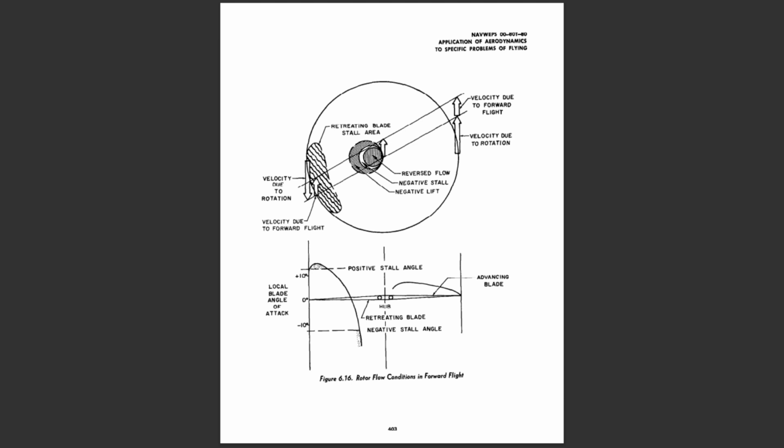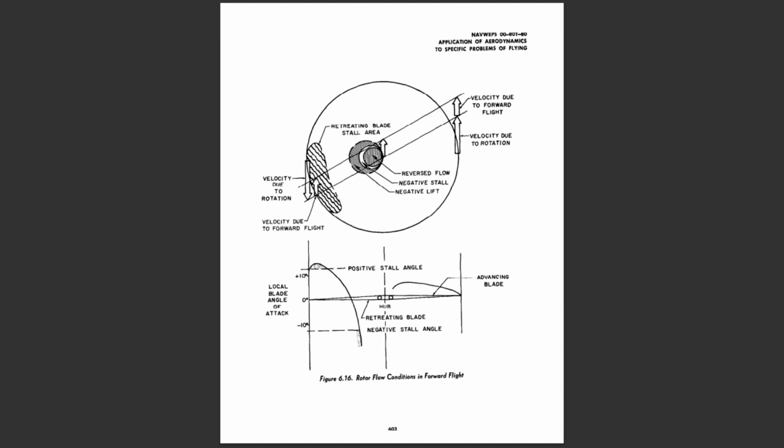Conditions favorable for the occurrence of retreating blade stall are those conditions that result in high retreating blade angles of attack. Each of the following conditions results in a higher angle of attack on the retreating blade, and may contribute to retreating blade stall. 1. High airspeed. 2. Low rotor RPM. Operation at low rotor RPM necessitates the use of higher blade pitch to get a given thrust from the rotor, thus a higher angle of attack. 3.